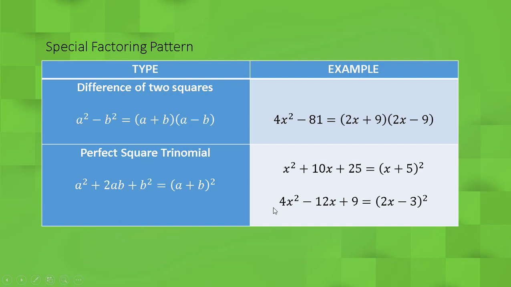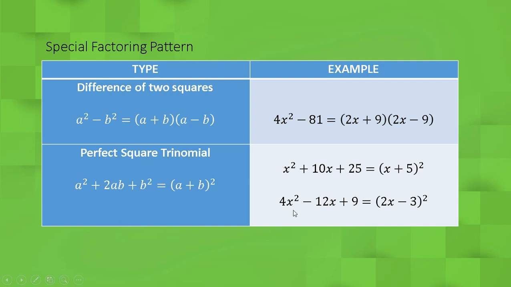Another example, 4x squared minus 12x plus 9. So get the factors. We have 2x minus 3. Yes, this is just 2x minus 3 times 2x minus 3. 2x times 2x, the answer would be 4x squared.